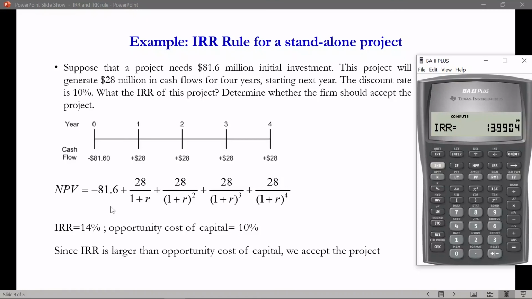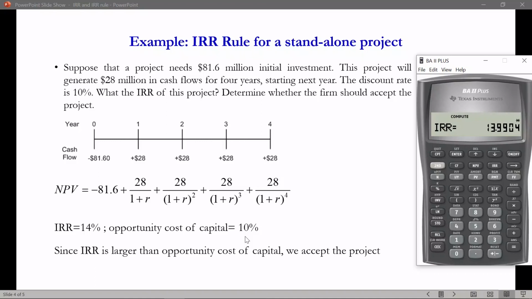And the question says the opportunity cost of capital, or the discount rate for these cash flows, is 10%. So I need to compare these two numbers. When I do that, I see that the IRR is larger than the opportunity cost of capital, so I would accept the project. The firm should accept this project because the IRR is larger than the opportunity cost of capital for this project.